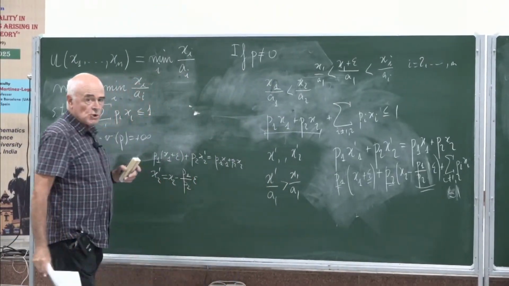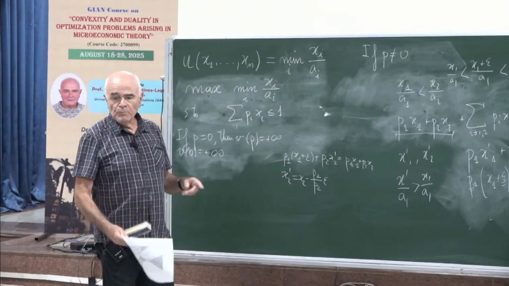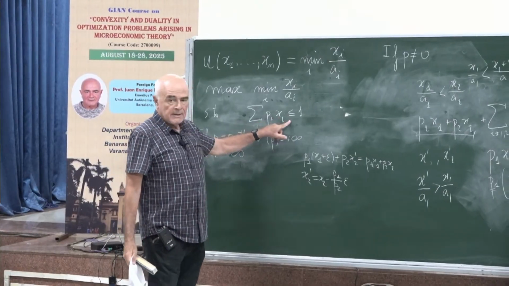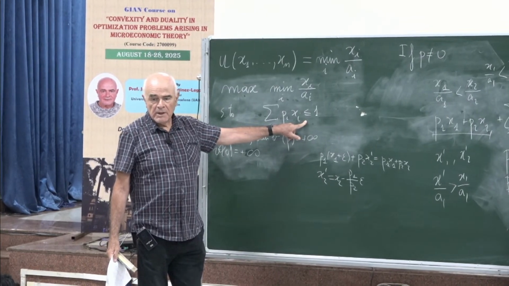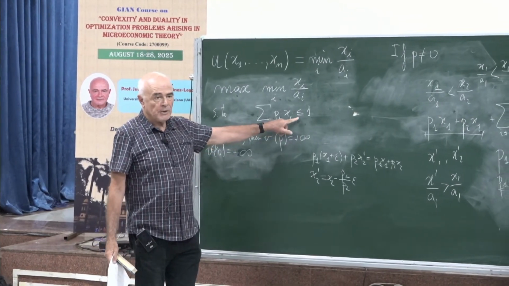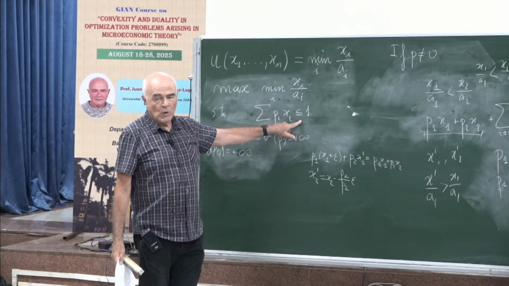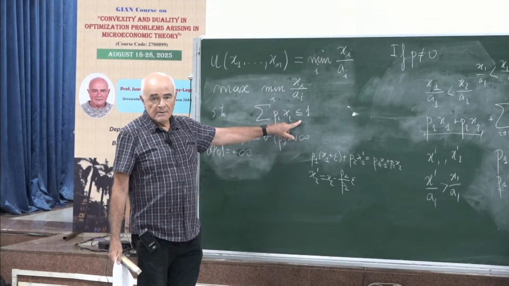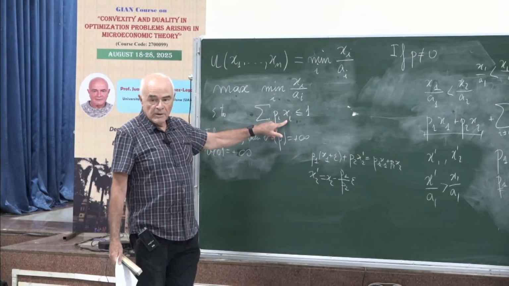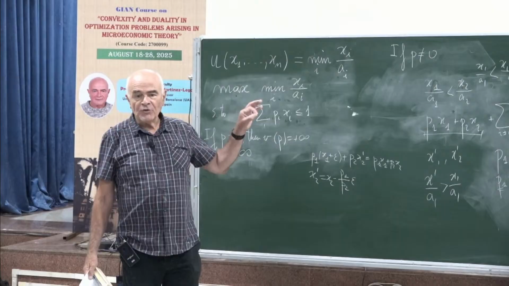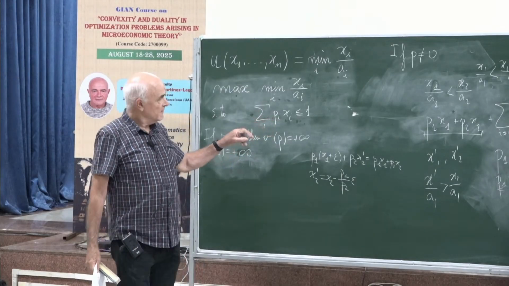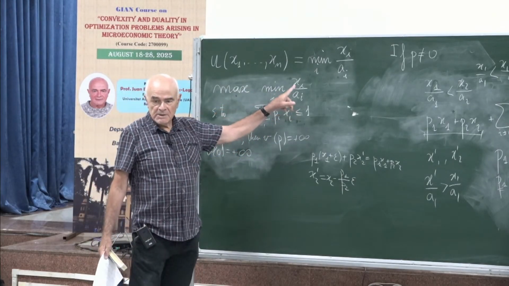Something which is also obvious is that the constraint should be active at an optimal point. Because if at an optimal point you have a strict inequality, then you still have money to buy more, and then you buy a little bit of each ingredient, and then the minimum would increase.